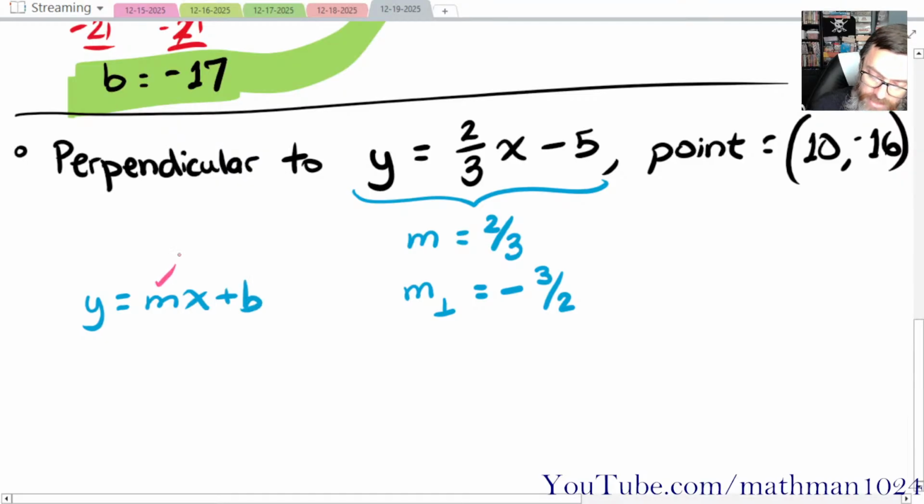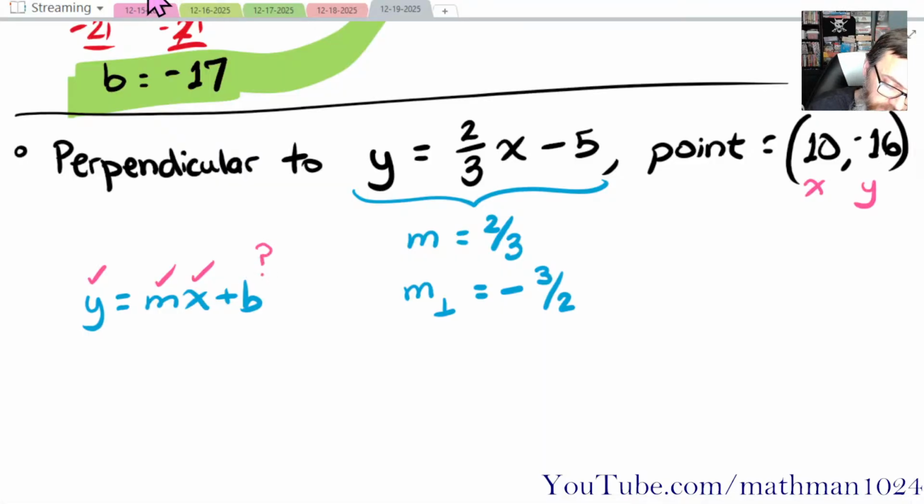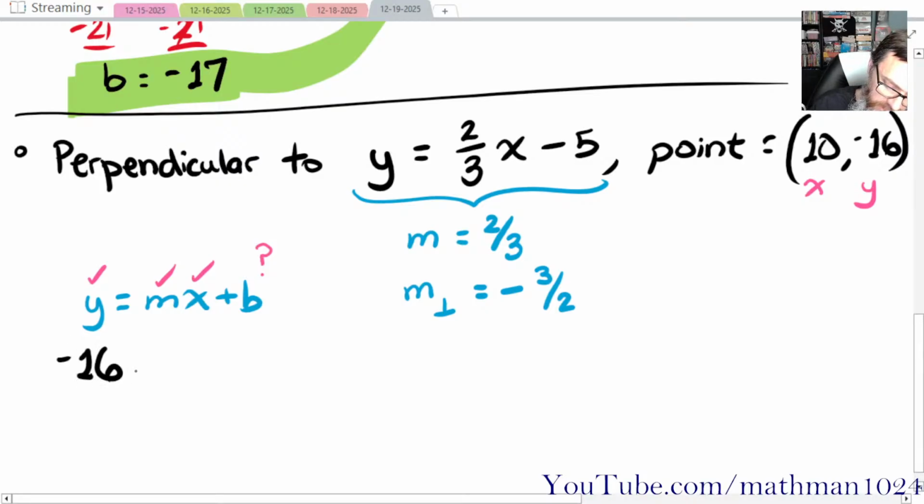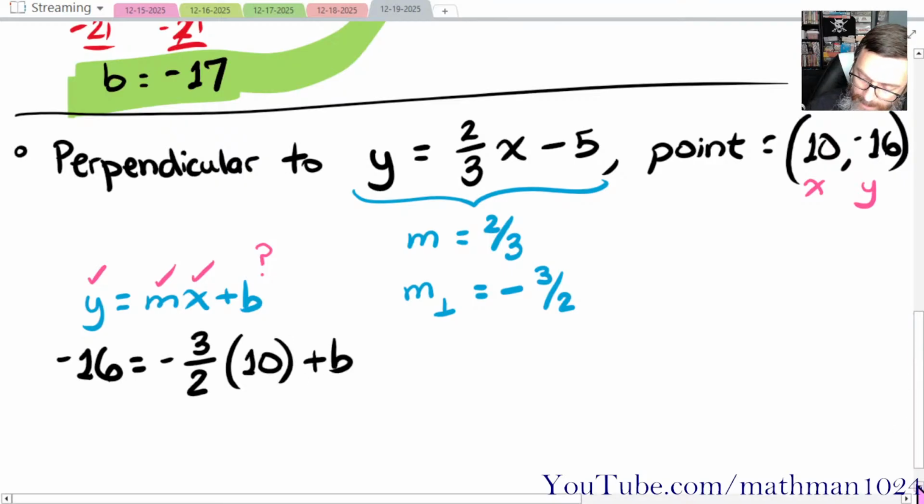I've got my slope. I'm going to use this particular ordered pair for my x and my y. Plugging it in, all I'll have left to find is my b. All right, so let's do that. My y value is negative 16. My slope is negative 3/2 times x, which is 10, plus b.